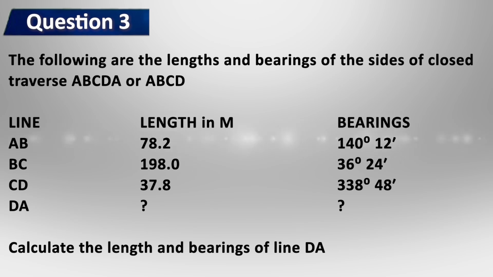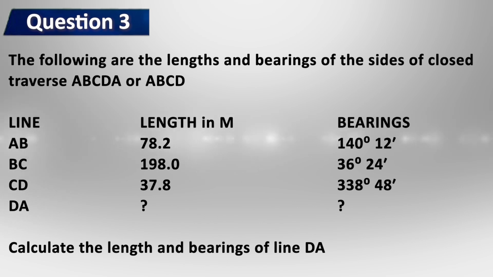Line CD, the length is 37.8 meters and bearing is 338 degree 48 minutes. The length and bearing of line DA are missing. So we have to calculate the length and bearing of the line DA.